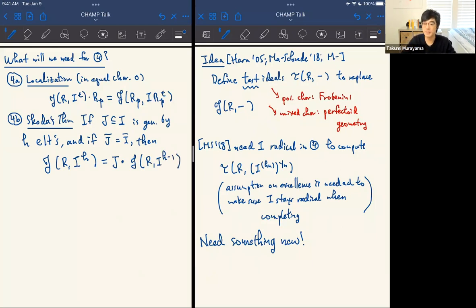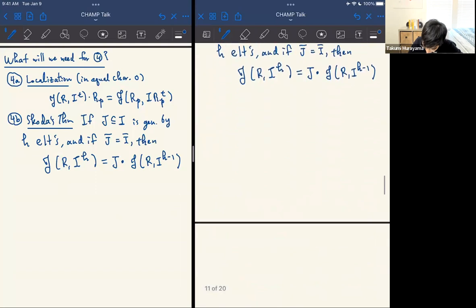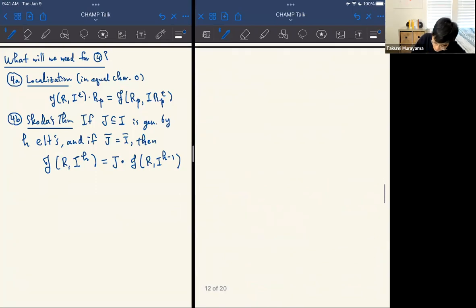And so these were 2 missing things that we didn't know about test ideals in mixed characteristic. What I want to do next is to show you what we have available in mixed characteristic so far. Okay.